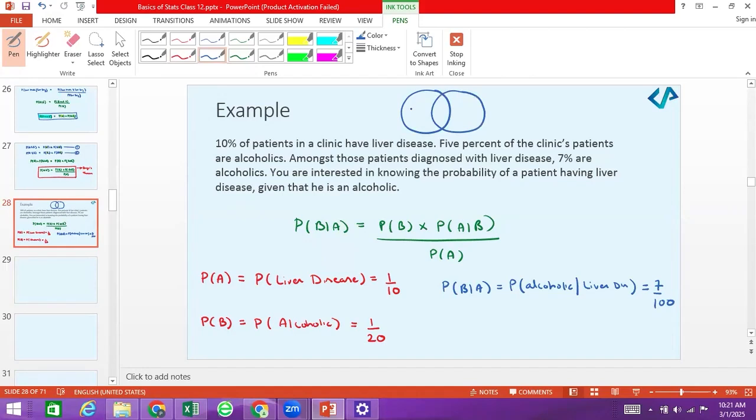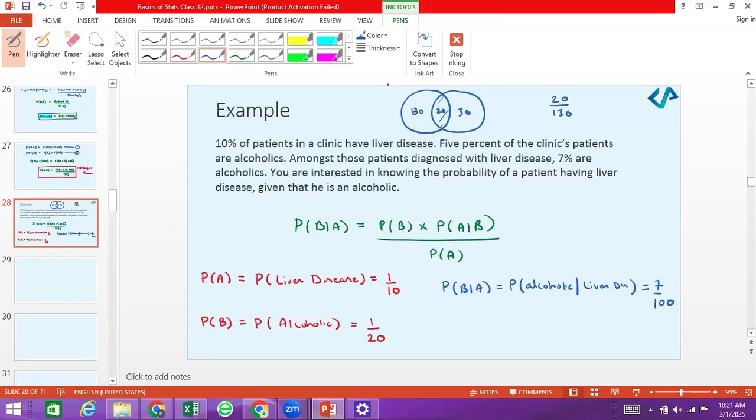Randomly putting a few numbers. Let's say this is 80, this is 20, and this is 30, right? So if I ask you, what is this common portion out of the total? It will be 20 by 130.